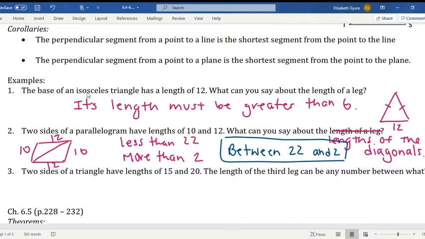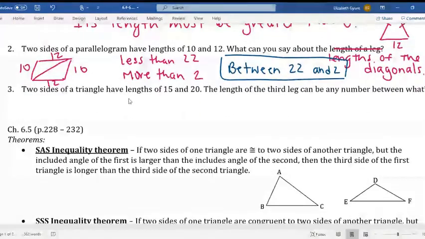Okay? So last one of these, two sides of a triangle have lengths of 15 and 20. The length of the third leg can be any number between what? So what do we get if you just use that little trick I taught you? Yep, add and subtract.